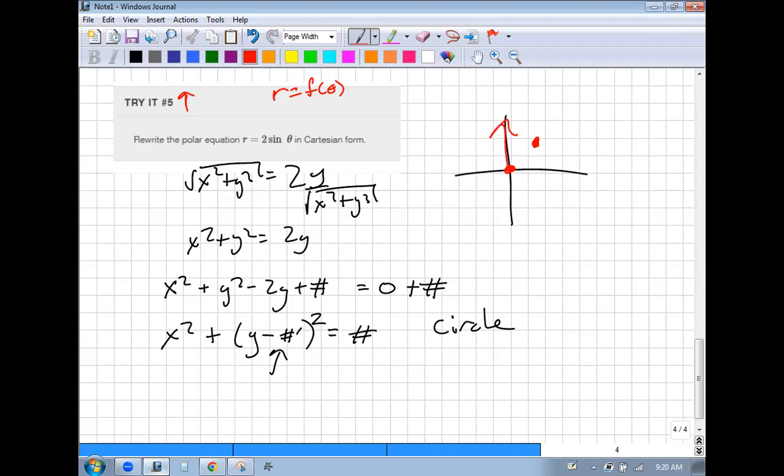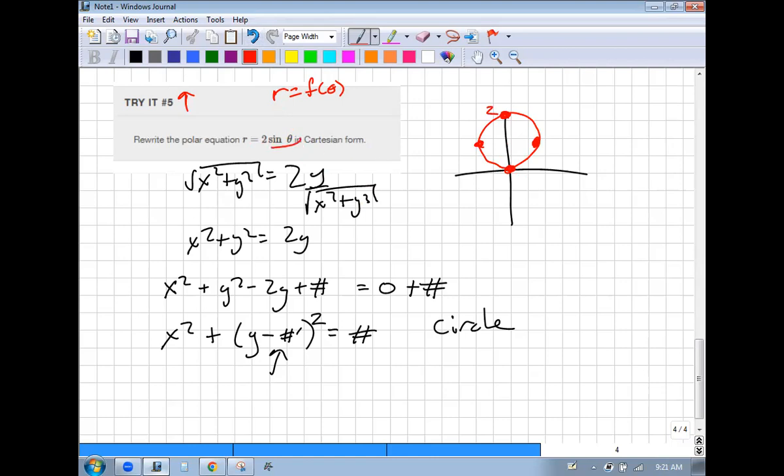So at this angle, we have 1 times 2. We'd have to go up 2, the distance 2. At 3 pi over 4, sine again is root 2 over 2 times 2 is root 2 again. So if you plug in different values for theta, you can see you're getting a circle up there, all right?